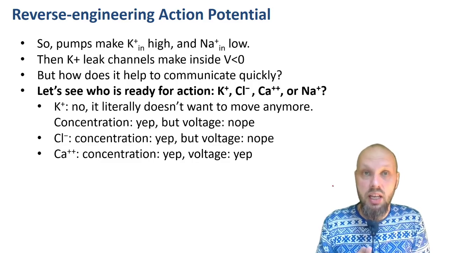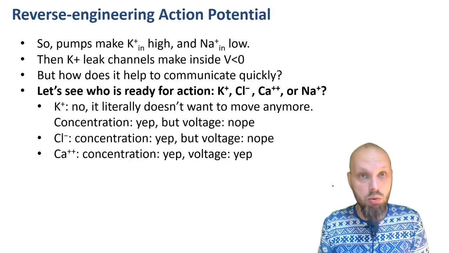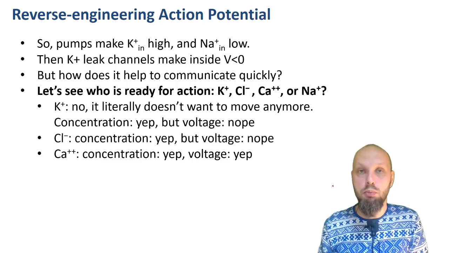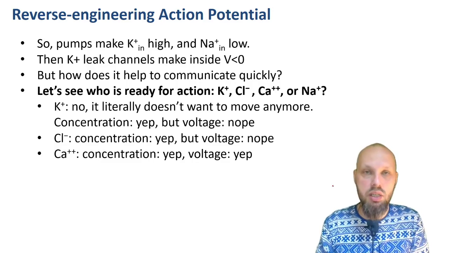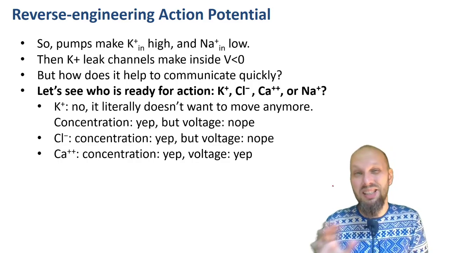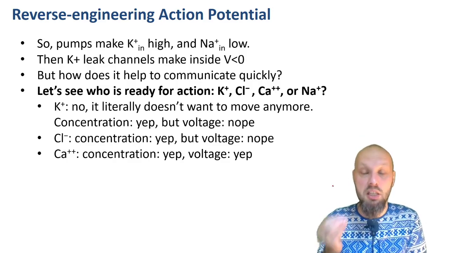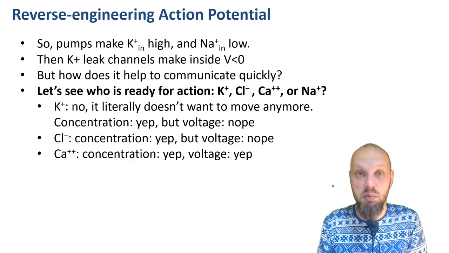But because of that, calcium is actually really eager to enter. Concentration is 0 inside, but not 0 outside, and it's positively charged. In fact, the reason it has 2 pluses is because it has a charge of 2, but it doesn't matter that much for this discussion. What matters is that it's positively charged and the cell is at negative potential.